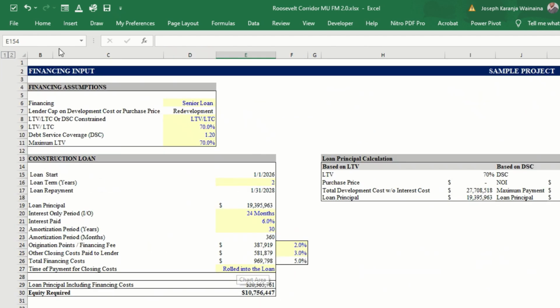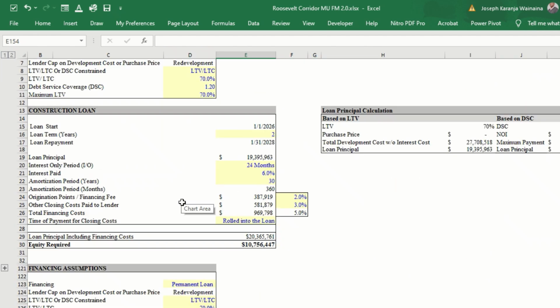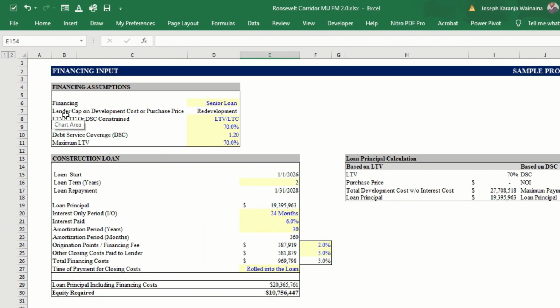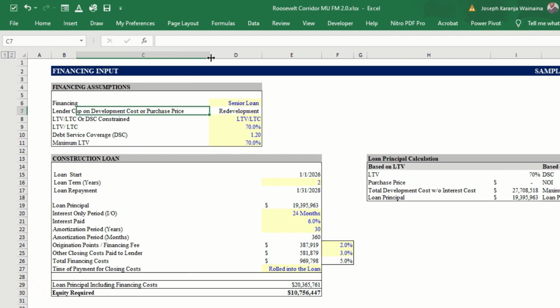Here we do have now the financing input section. Here we have the assumptions that have been used. So here we have a senior loan. You can select between a senior loan, 100% equity, construction loan, permanent loan. Then we could go to the cap, what the lender uses to cap the loan.